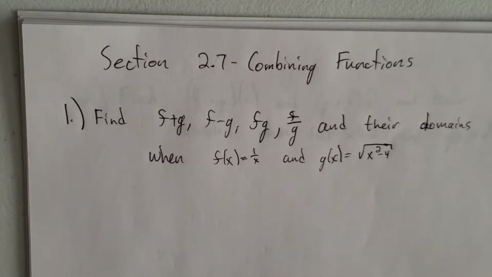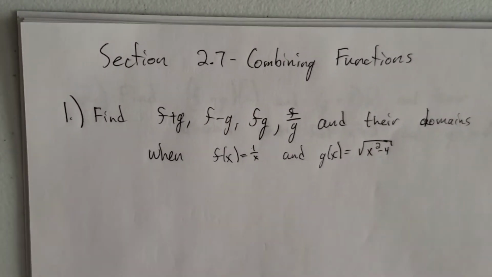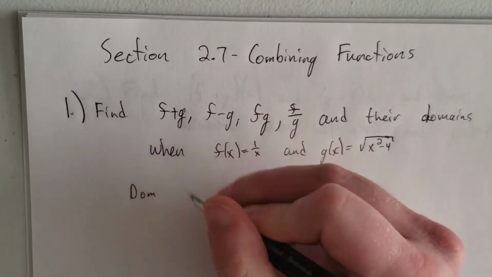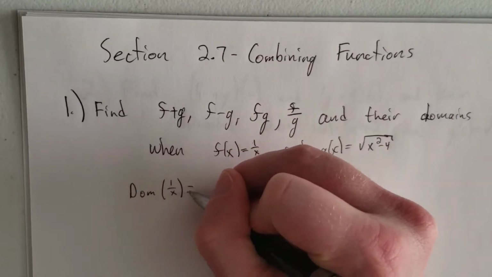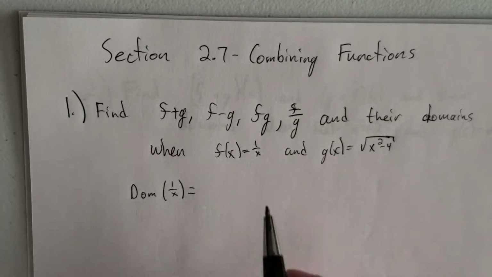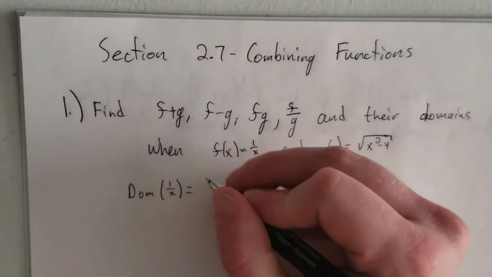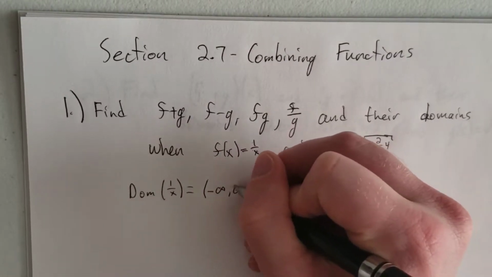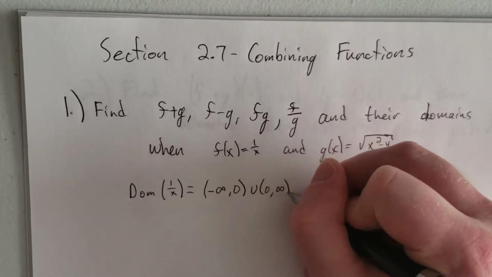squared minus 4. To do this, we first want to know what the domains of each of these functions are individually. So the domain of 1 over x is equal to, well, if we have the function 1 over x, we're allowed to have everything except for 0. So this is the domain negative infinity to 0 union with 0 to infinity.